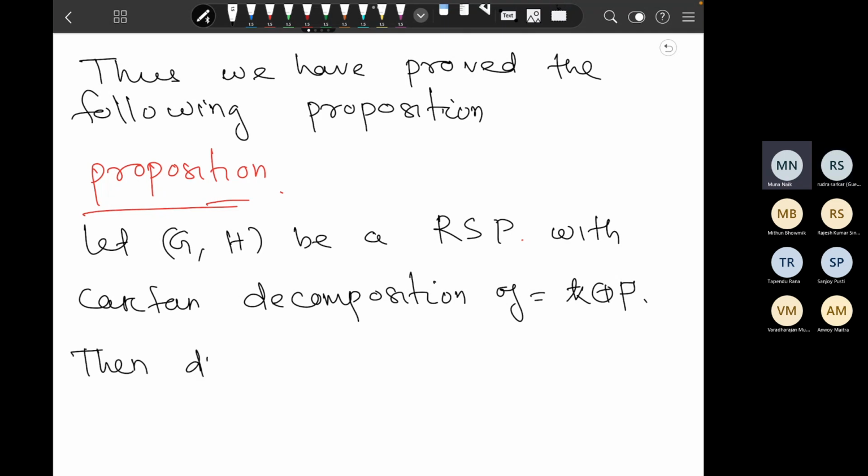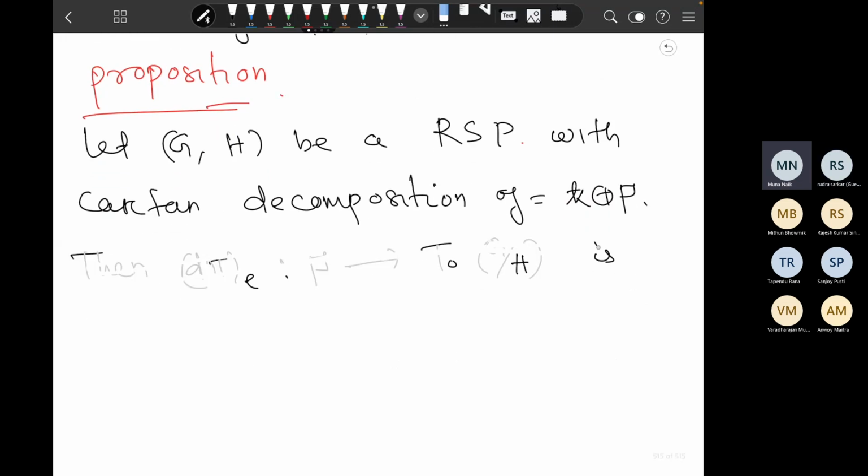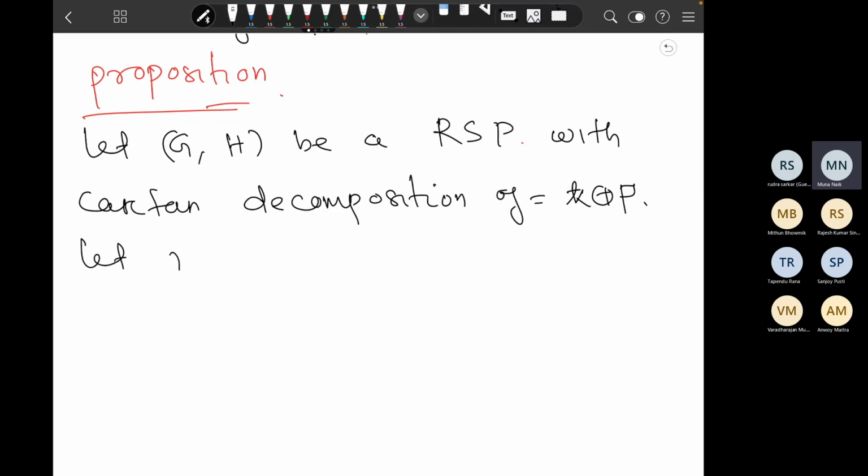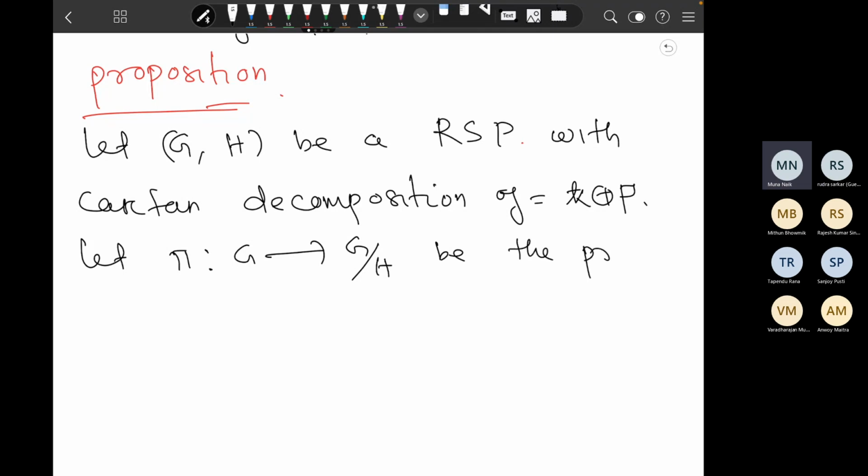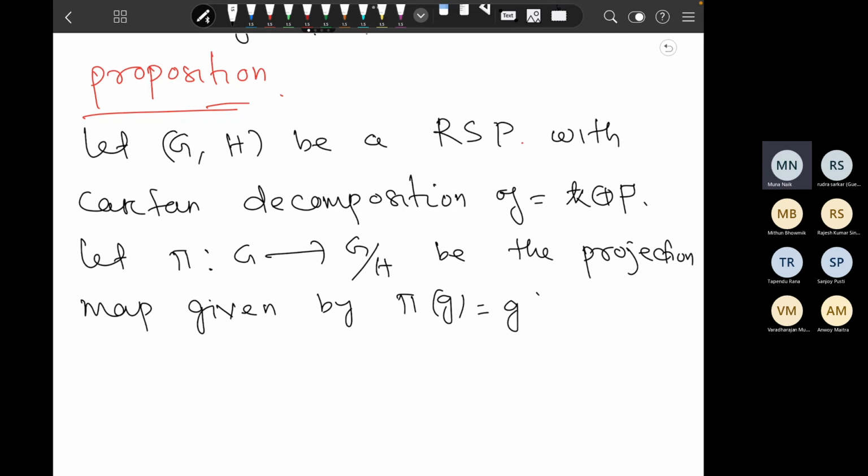Let pi be the projection map given by pi of g is gH, and let o = pi of e = eH.